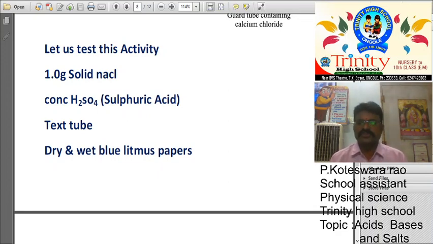It is also demonstrated with an activity. For that activity, what do we require? We require 1.0 grams of solid NaCl, or simply 1 gram of NaCl.